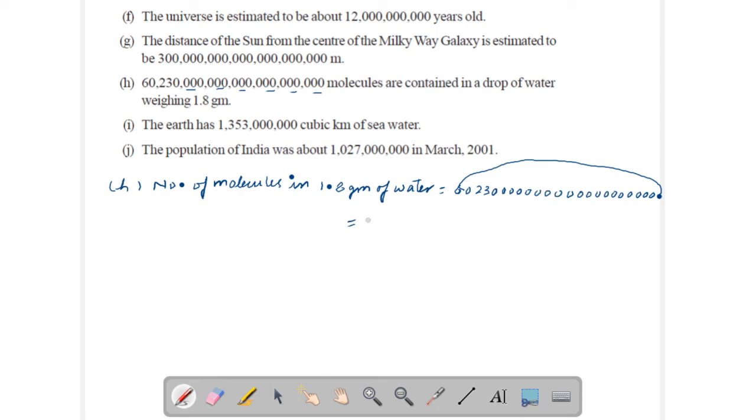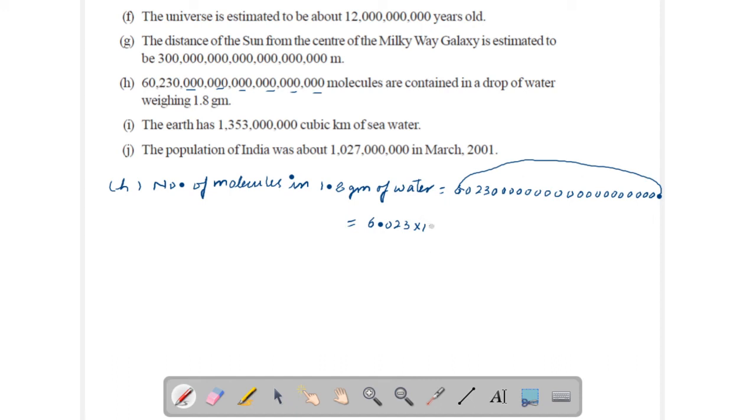So this can be written as 6.023 into 1. See how many zeros are there. It is 22 zeros.